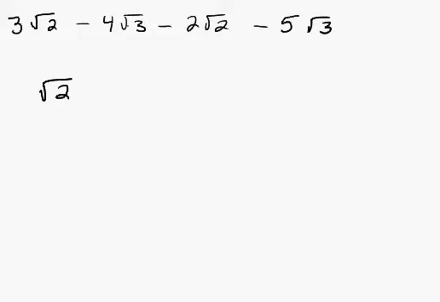I'm taking away 5 radical 3s, so I have to use my rules of subtracting negatives. Negative 4 minus 5, I'm going to get a negative 9 radical 3. And that's going to be my answer.